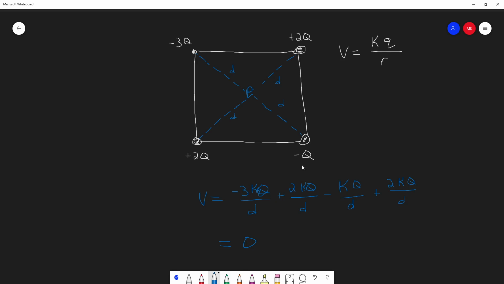Factoring out KQ over D: negative 3 plus 2 minus 1 plus 2 equals 0. So our voltage at the center of this configuration is 0.